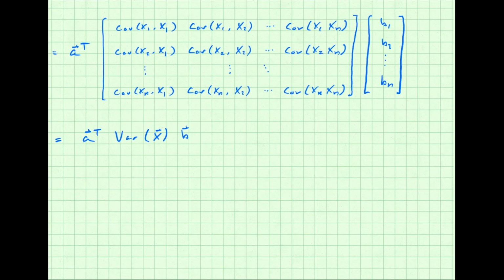So in other words, I'll summarize all that chatter with what we've just found: the covariance of these two random variables is equal to this funny expression. So A transpose, variance-covariance matrix of X, and then times the vector b.